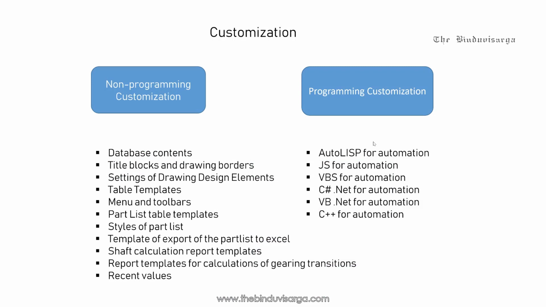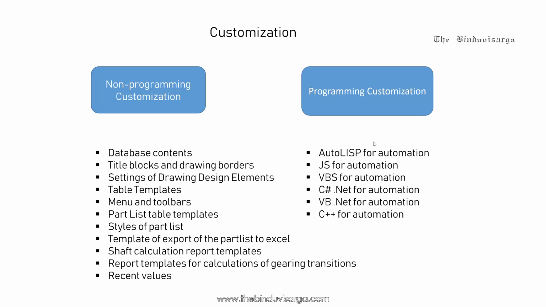And now we will see the list of customization options you have in nanoCAD Mechanica. First of all, we can categorize these customization options into two categories: non-programming customizations and programming customizations. Let's look at the non-programming customizations.